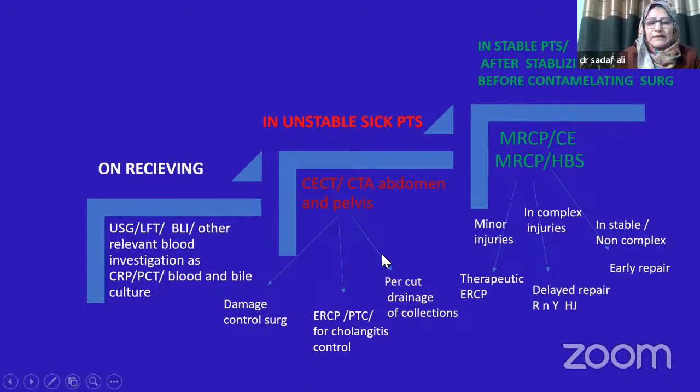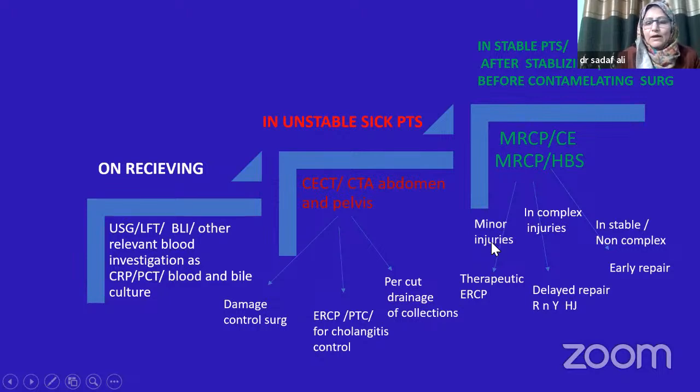Depending on this, in this patient there would be a call taken for damage control or the need of ERCP, PTC, or percutaneous drainage in unstable patients. In stable patients, or patients after stabilizing or before contemplating a surgery, you have to do an MRCP, a CMRCP, or HIDA scan, and take a call for subsequent management. In minor injuries, the therapeutic approach.